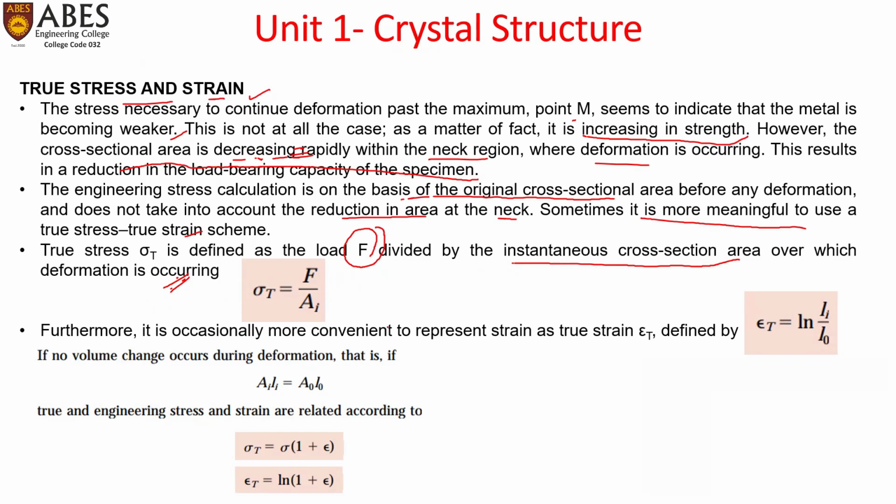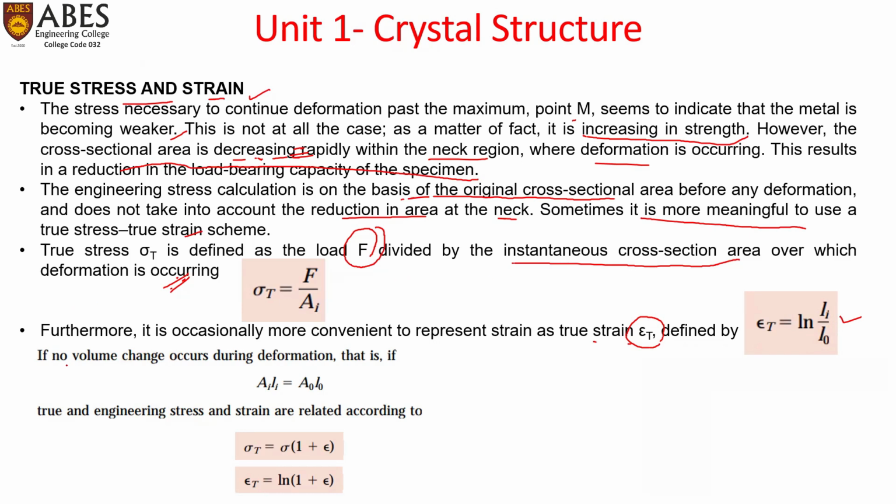Similarly, it is more convenient to represent strain as true strain, epsilon T in place of epsilon, defined by epsilon T equals log of Li upon Lo, where Li is the instantaneous length at that point of time and Lo is the original length.